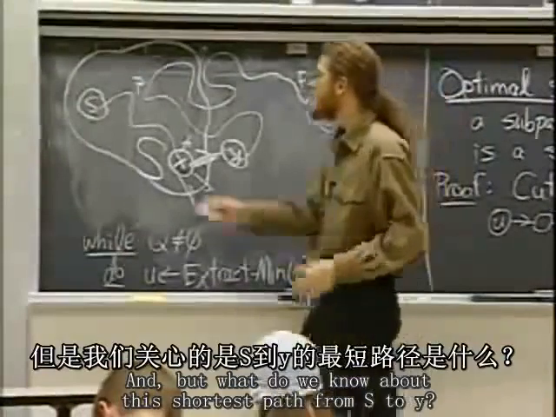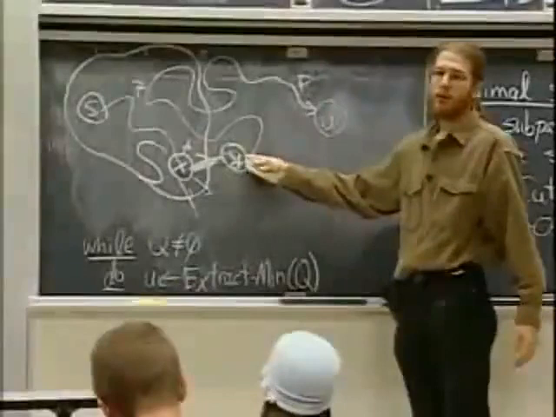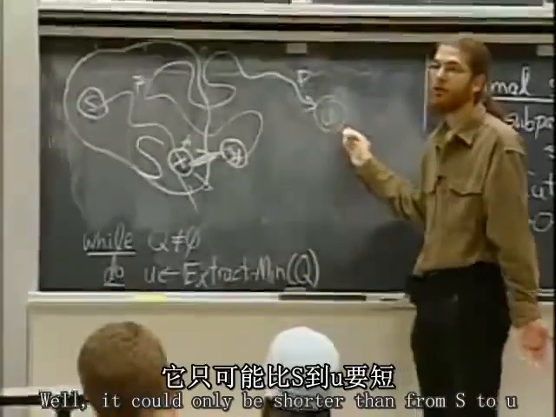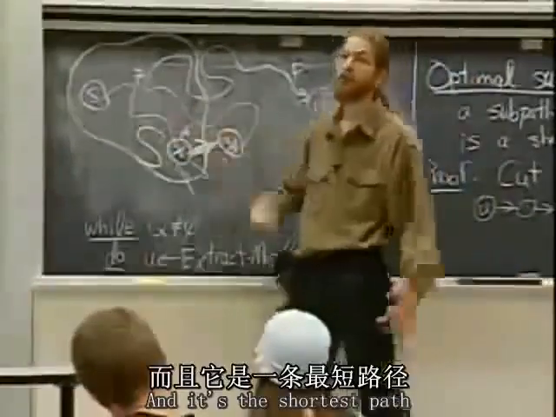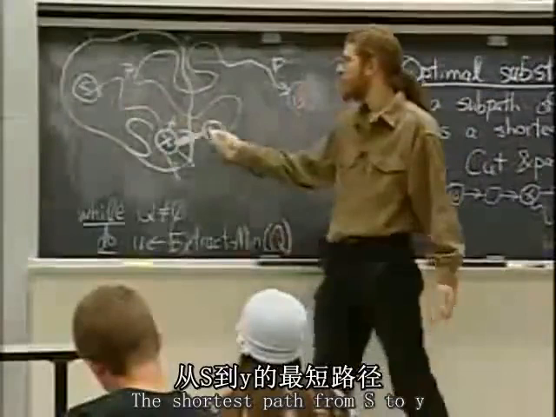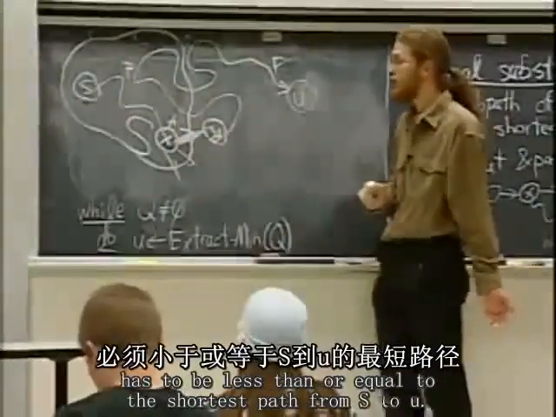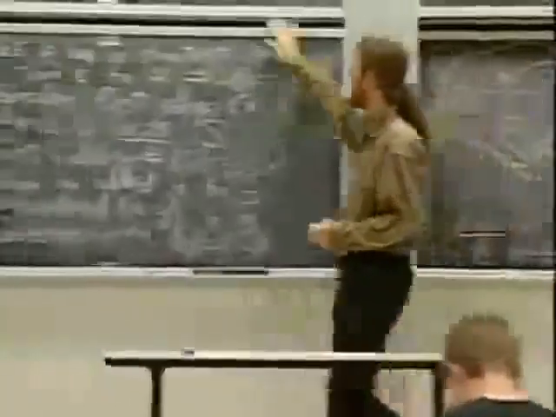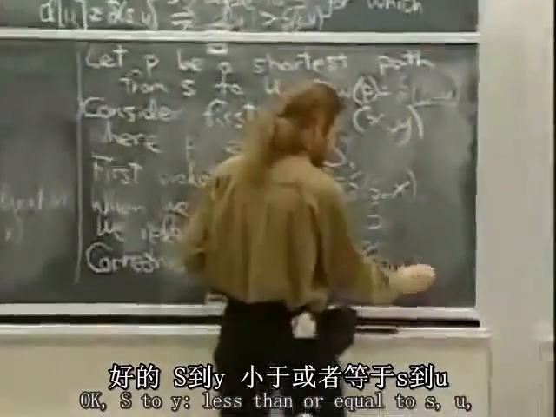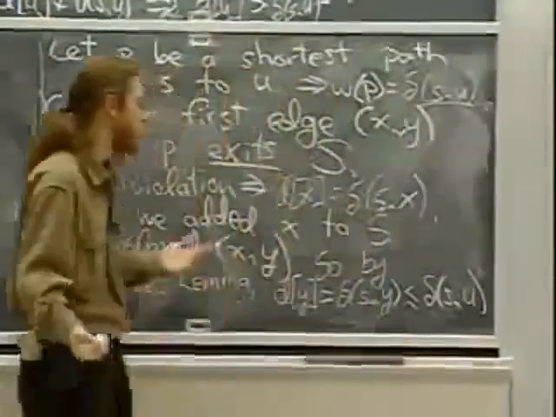But what do we know about this shortest path from s to y? Well, it could only be shorter than from s to u, because it's a subpath of a shortest path. The shortest path from s to y has to be less than or equal to the shortest path from s to u. Okay, s to y is less than or equal to s to u, just because it's a subpath.